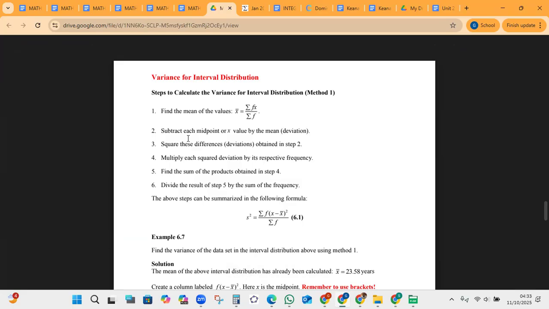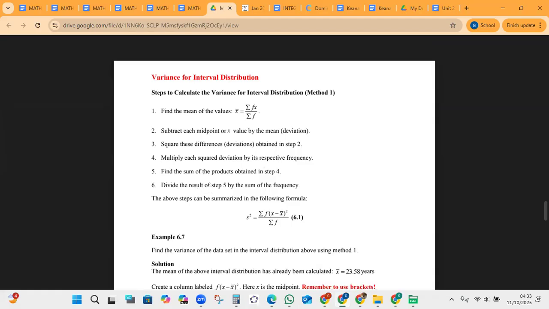You subtract the sample mean from each midpoint, which we already calculated for the mean, where each midpoint is a data value, and that will be a deviation. You square these deviations, multiply each squared deviation by its respective frequency, and find the sum of the products obtained in the previous step.